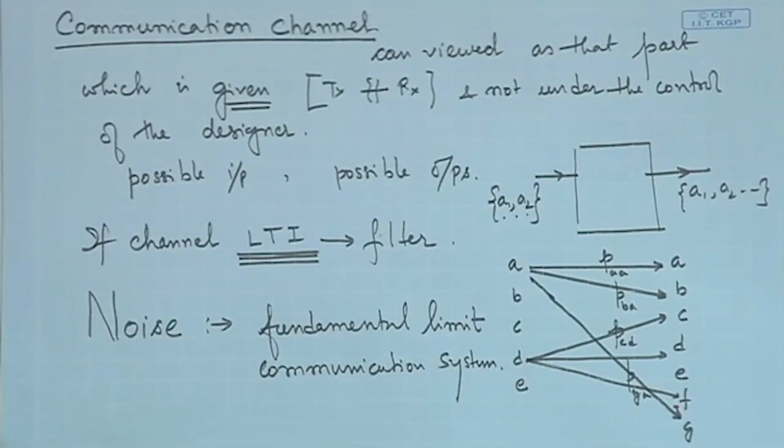Again, it was Shannon who identified this, and he formulated and gave us precise definitions by which we could find the maximum bits per second per hertz that could be sent across given a certain amount of transmit power and a certain noise power in the system, irrespective of what you can do. So, that gives the upper limit. He established that noise is a fundamental entity which limits the maximum extent that we can achieve for a particular communication system.